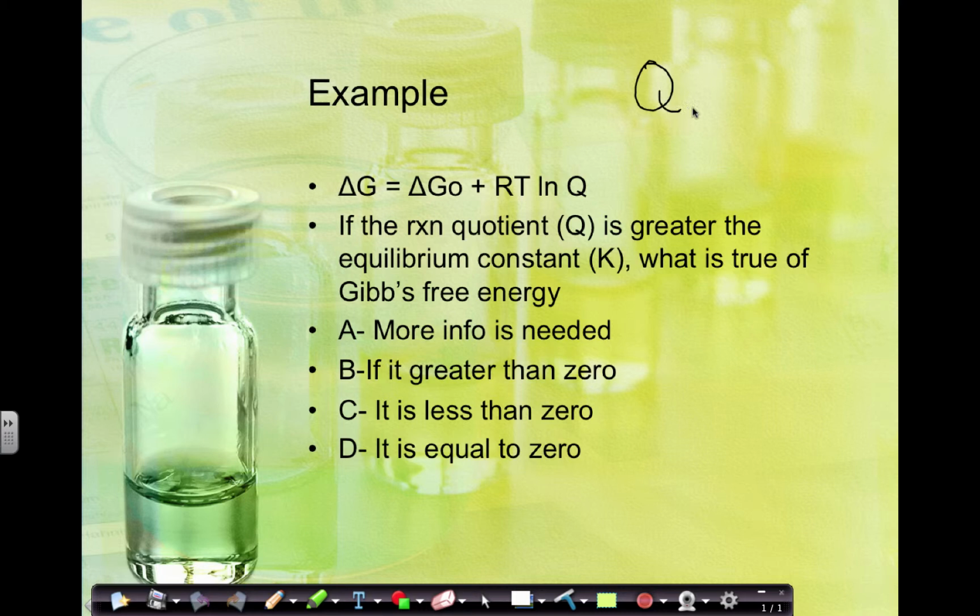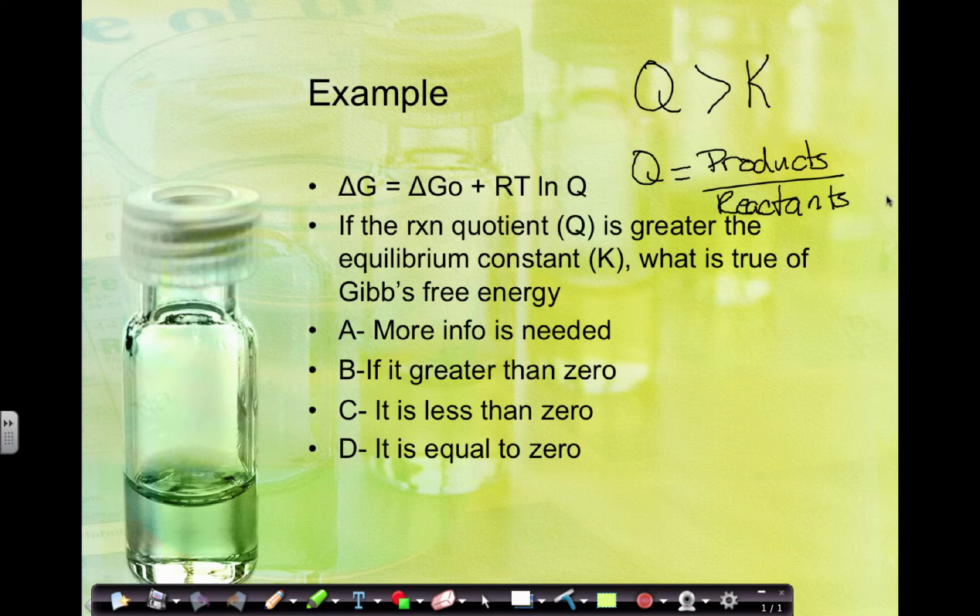And it says Q is greater than K. Well, when we think about Q and also K, we have products over our reactants to the power of their coefficient. Well, if Q is too big, that means that this number is too big. So if Q is greater than K, then that means Q is too big.